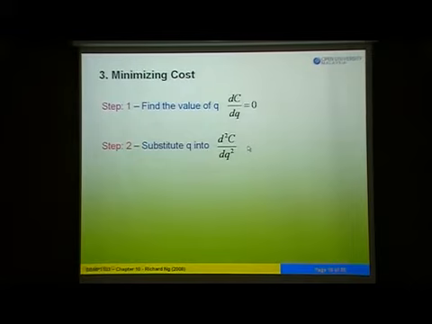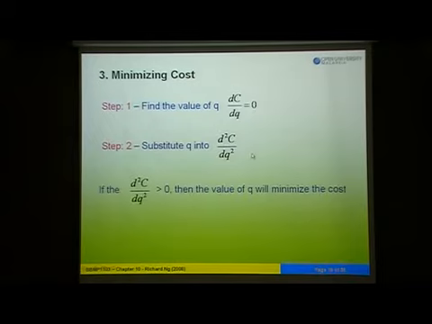When we get negative, it is maximum. Alright? But in economics or in management, we need to minimize cost. So we need to prove that d2C/dq squared is minimum. So if d2C/dq squared is greater than 0, the value of q will minimize the cost.